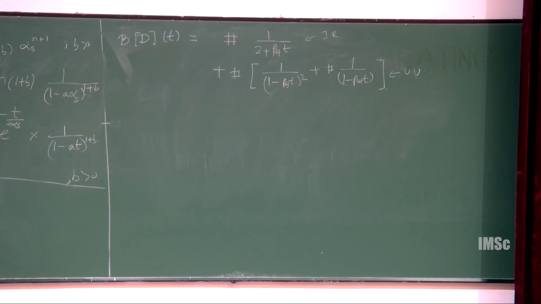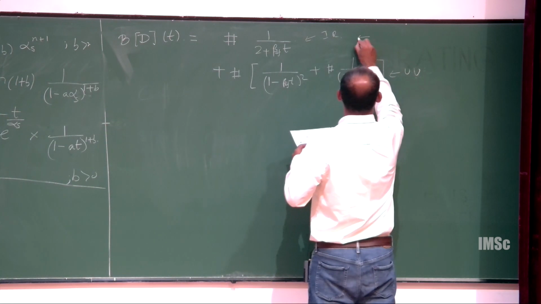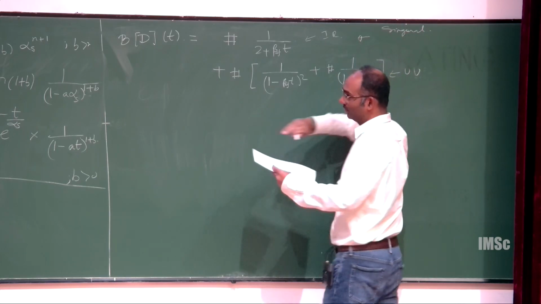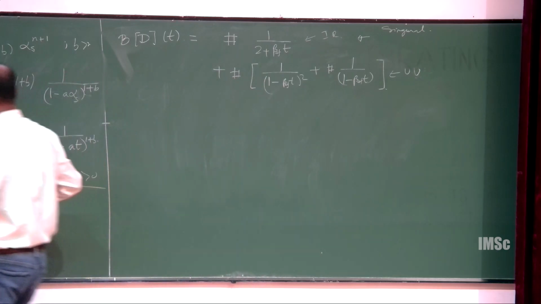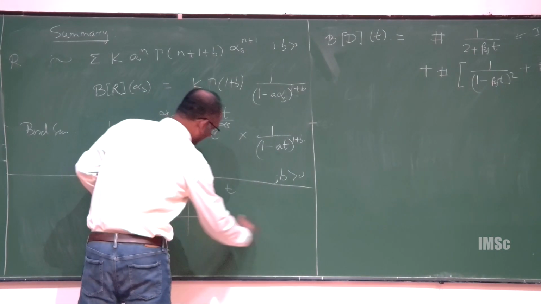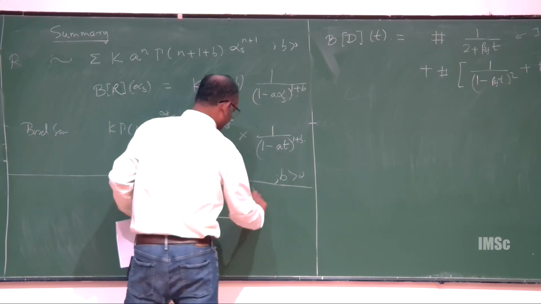And now I should do the integral to get the sum. So at this stage, the singularity in the Borel plane, we are doing a complex integral over the complex plane. So you are in this Borel plane, and that's the integration contour.